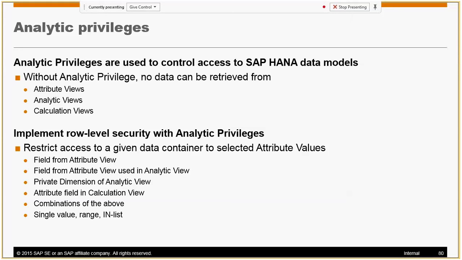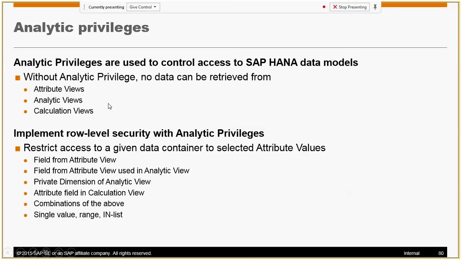Then to see the content of these views that you can create in the system, SAP decided to create a concept called analytic privileges. So basically the analytic privileges are there to provide you the capability to authorize users to access these particular views. There are, I would say, two types of access that you can grant with analytic privileges to these specific views.